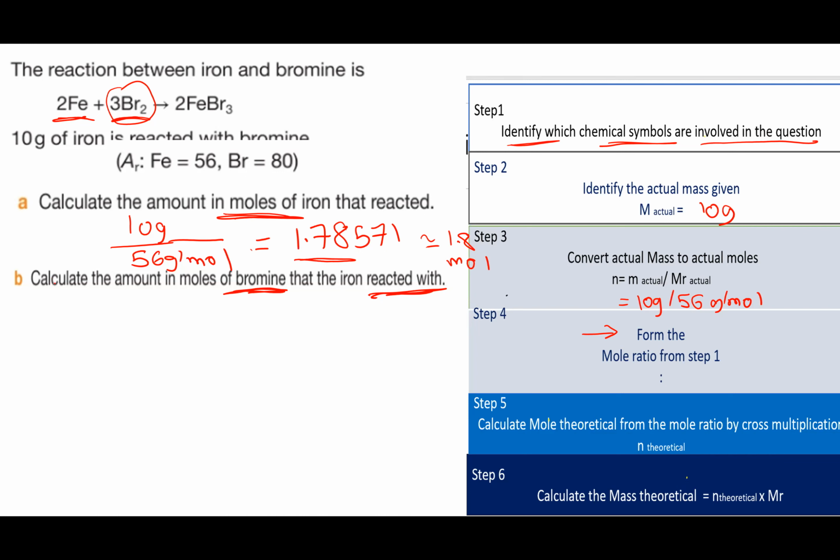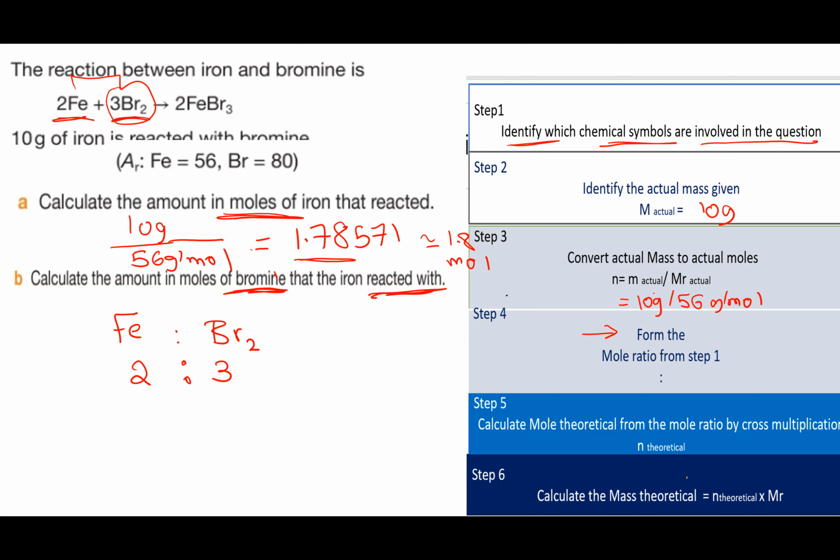Now, calculate the moles of bromine that it reacted with. I know that this relationship is between, I've underlined these two, iron and bromine, Br2. Now, I need the mole ratio from the balanced equation, which means it's 2 to 3, okay?